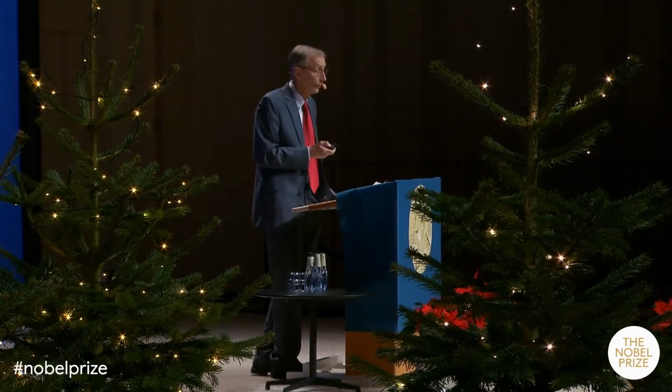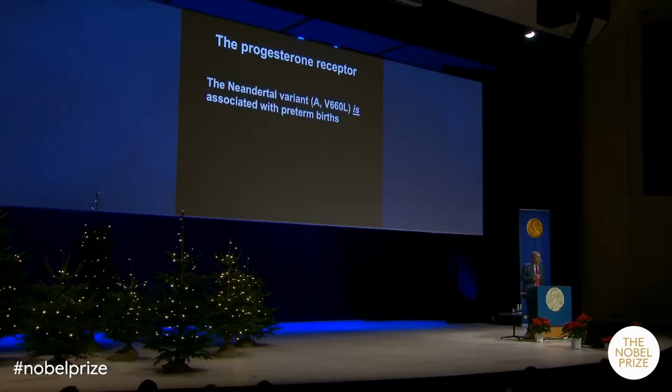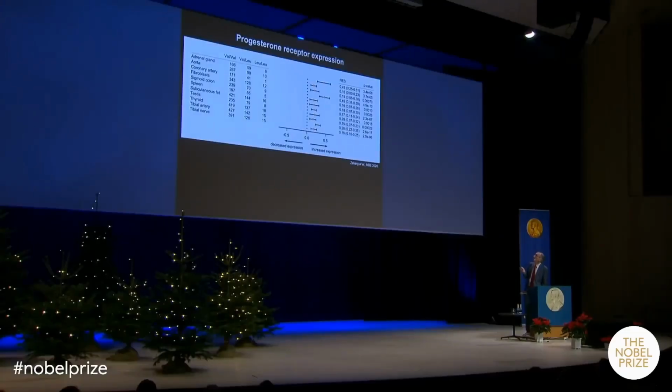So it turns out then that the Neanderthal version here is indeed associated with preterm births, but it's also protective against miscarriages and results in more live births. And we're beginning to understand the function of that also, in that carriers of this Neanderthal version express more of the receptor.